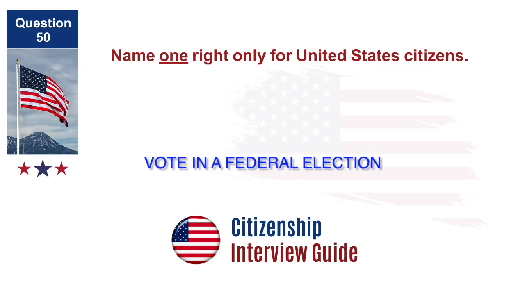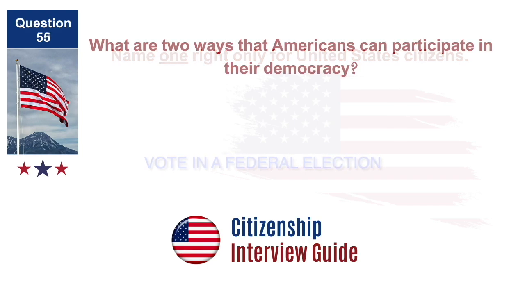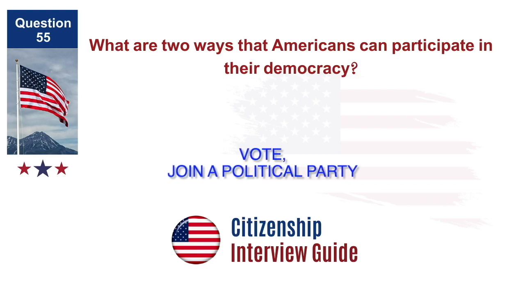Vote in a federal election. What are 2 ways that Americans can participate in their democracy? Vote. Join a political party.